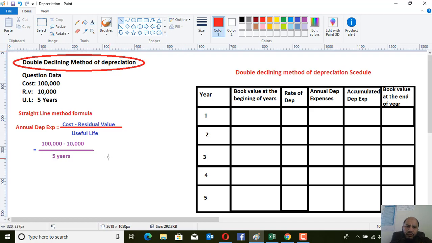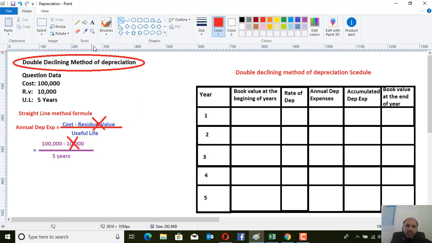Do not use residual value. See, I will cross out this residual value. This means that we will not deduct the residual value from the asset. So what we will do is directly divide the original cost of the asset upon the useful life.